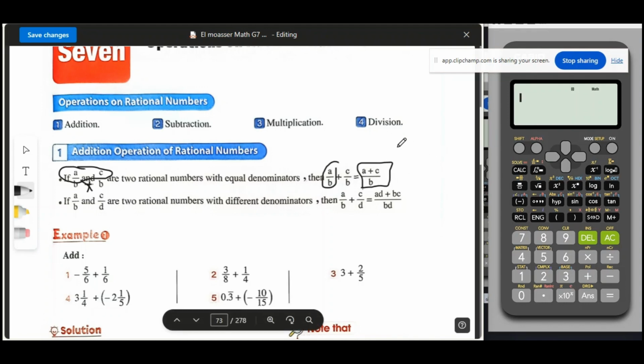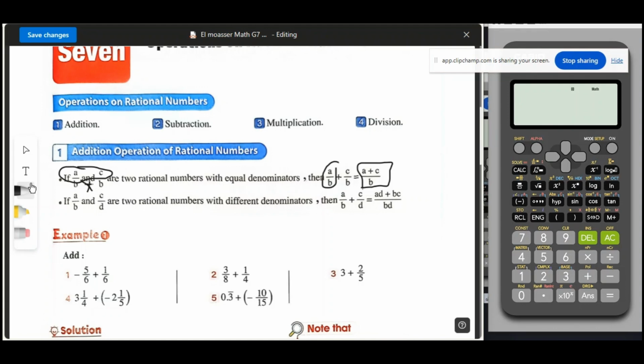Now A over B and C over D are two rational numbers with different denominators. Let's see here, guys, we got a problem. Most of you will say the denominators are different.